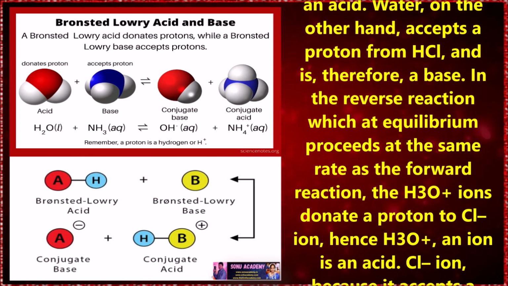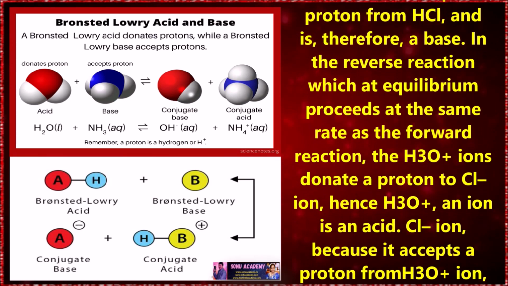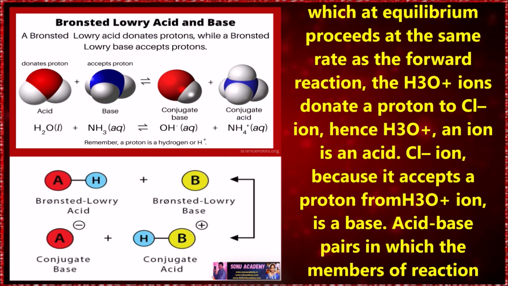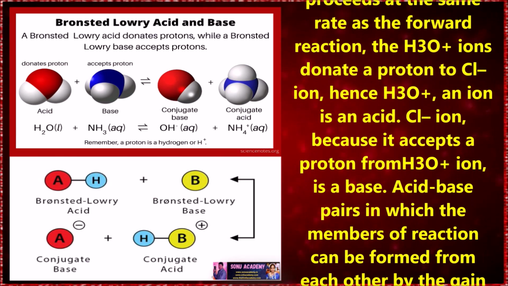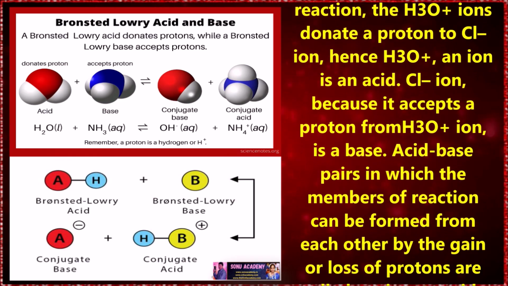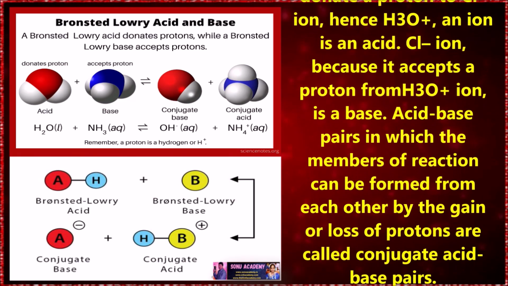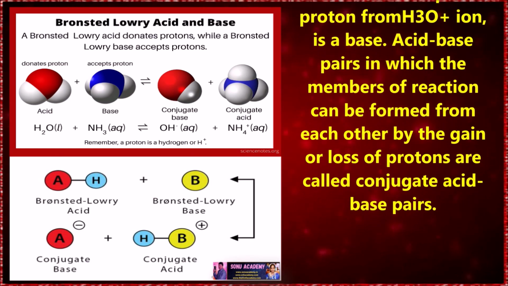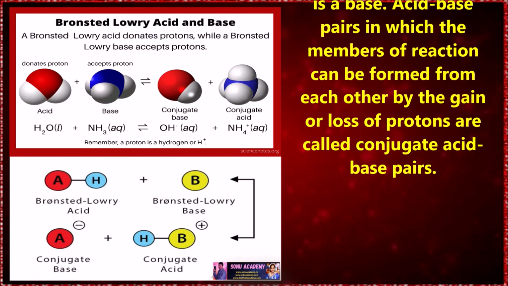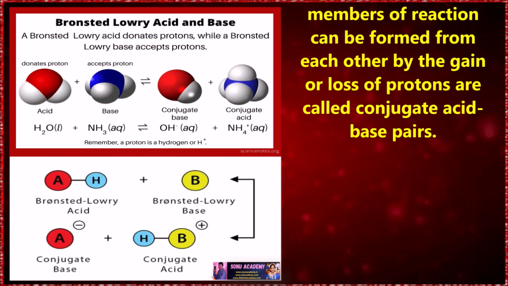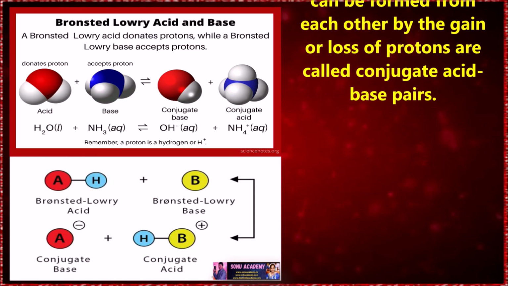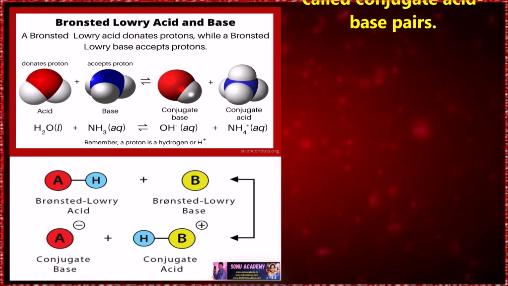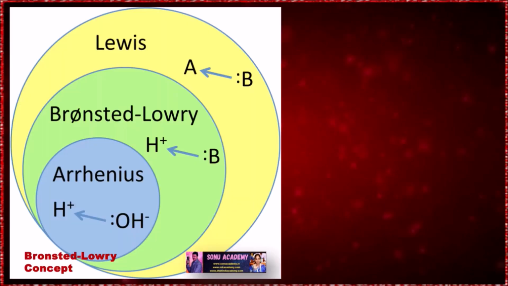In the reverse reaction, which at equilibrium proceeds at the same rate as the forward reaction, the H3O+ ion donates a proton to the Cl- ion, hence H3O+ is an acid. The Cl- ion, because it accepts a proton from the H3O+ ion, is a base. Acid-base pairs in which the members can be formed from each other by the gain or loss of protons are called conjugate acid-base pairs.